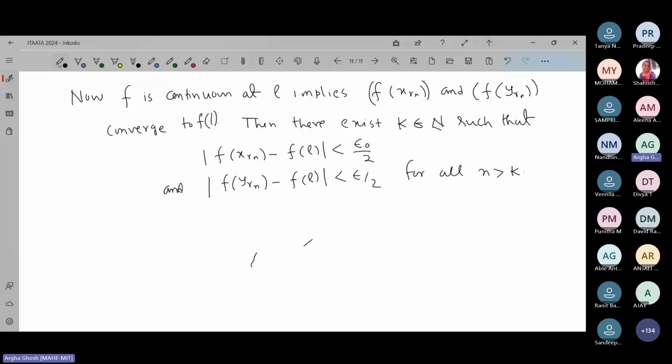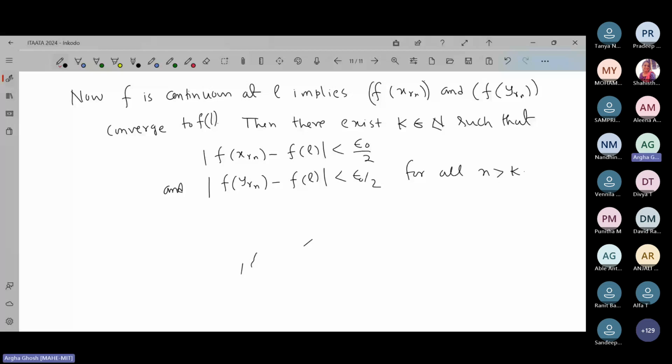Similarly, f of YRN converges to f of L, so you will have another positive integer for which this also works. So you can always take the maximum of both integers. Therefore, we will have only one natural number K for which both of these two inequalities hold.